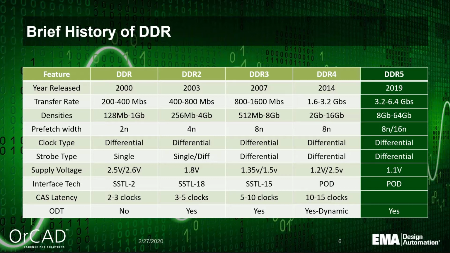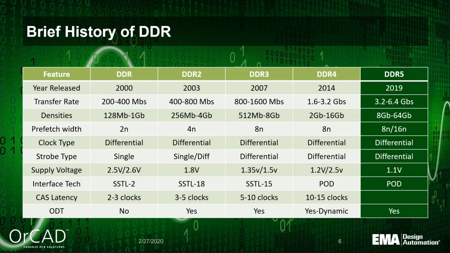DDR2 came about in about 2003. Data rates up to 800 megabits, essentially doubling the transfer rate. Densities were up to 4 gigabits, and prefetch width has now doubled, so you get a 4N prefetch width, 4 words per transfer. With this family, they offered the strobe type in either single-ended or differential, so you have the option there for your designs. Differential was preferred essentially as you speed your data rates up.